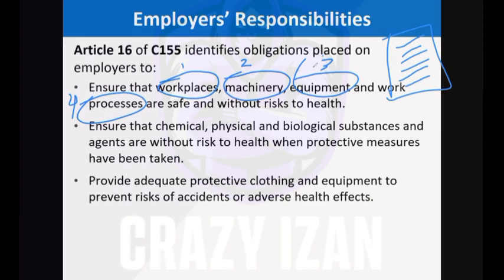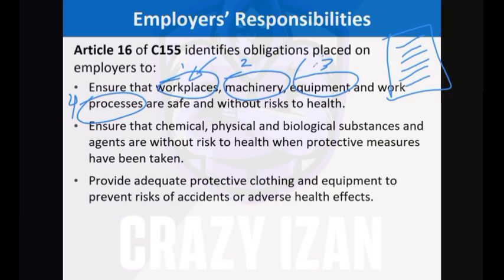That scenario will contain information that the employer has not provided pedestrian crossings. If they don't provide a pedestrian crossing, it means that the workplace is not safe and they have not fulfilled their legal obligation. So the question will be: read the scenario and confirm whether the employer is fulfilling their legal responsibilities. The employer's legal responsibility is to provide a safe workplace.